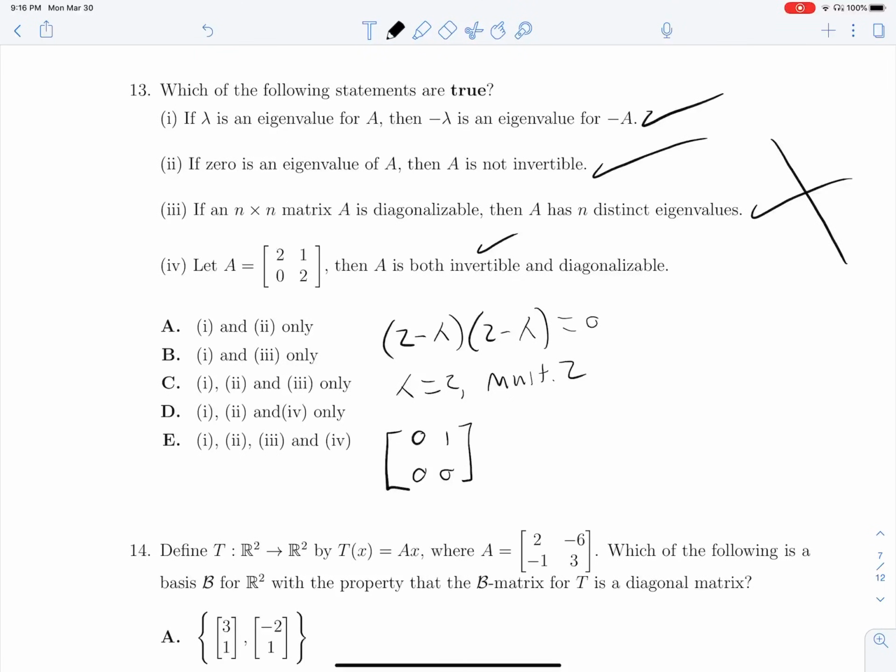And just like we were saying earlier, if we have only one eigenvalue for a two-dimensional matrix like what we're dealing with here, we would need this eigenvalue to correspond with two different eigenvectors in order for us to be diagonalizable, because we need our eigenvectors to span all of R2. In this case, they don't, so we're not diagonalizable, and 1 and 2 are correct.